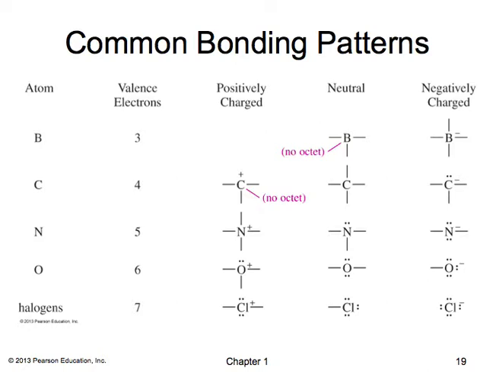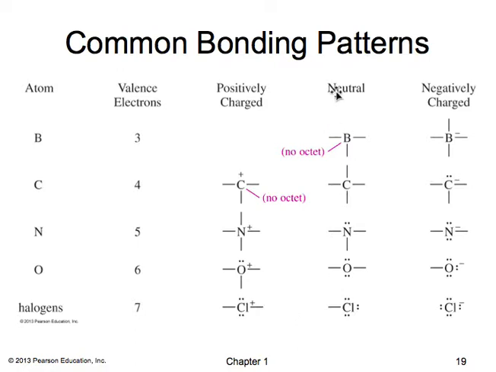One good thing after determining formal charges of various molecules, you start to understand what the common bonding patterns are. So across the atoms shown here, boron, carbon, nitrogen, oxygen, and halogens, you can note their valence electrons, 3 through 7.